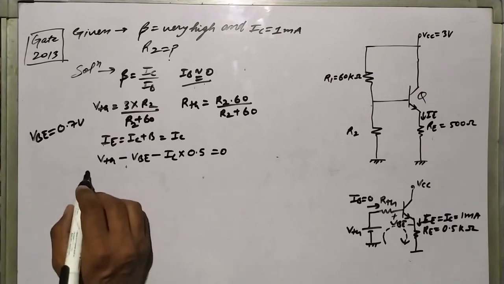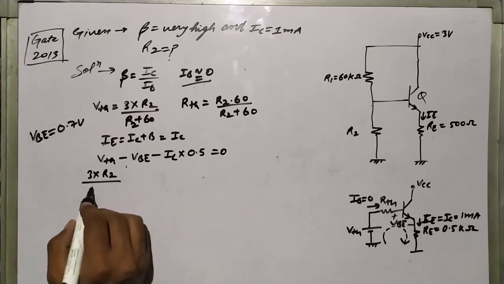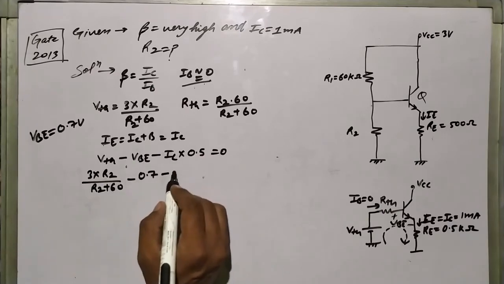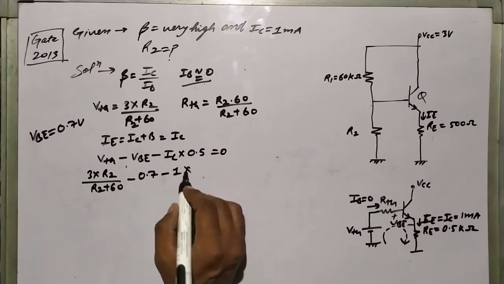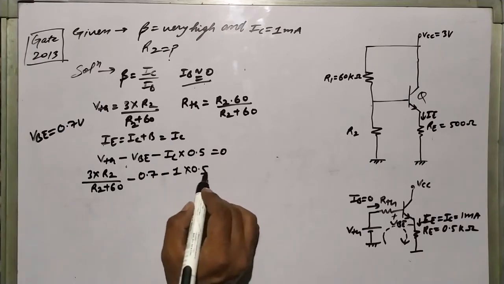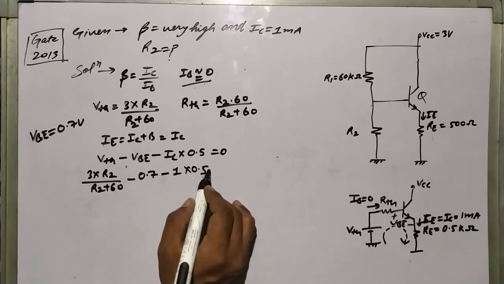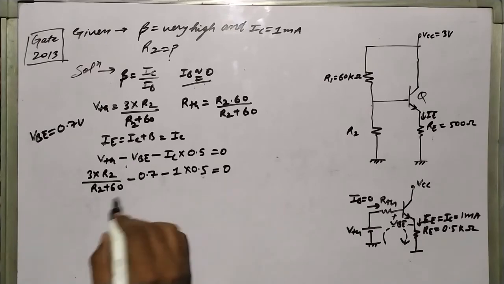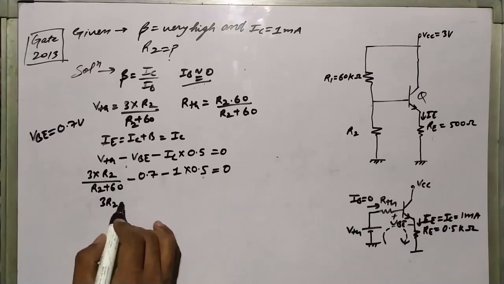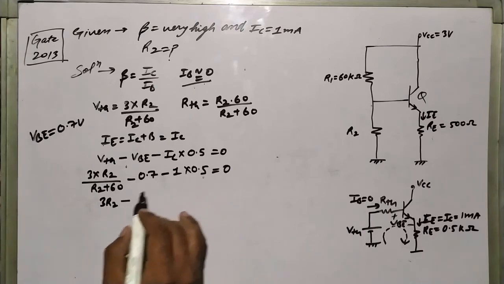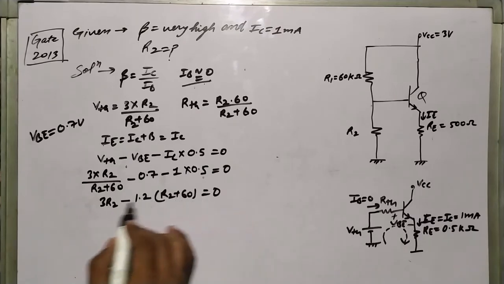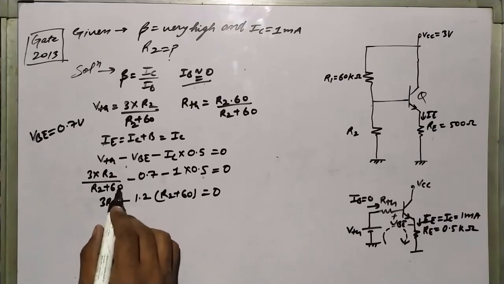VTH is 3 times R2 by R2 plus 60, minus 0.7, minus IC which is 1 milliampere times 0.5k, where milli and k cancel each other, so it is 1 times 0.5. So 3R2 minus 1.2 times R2 plus 60 equals 0.